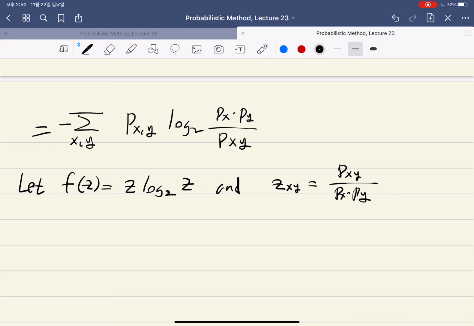Then what do you get? If you use the convexity, give me a moment.